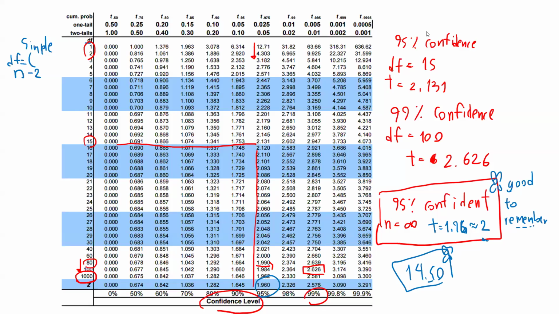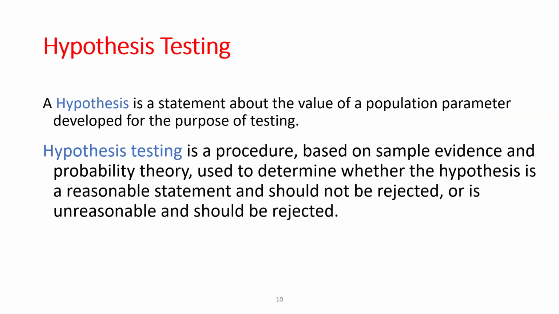Okay, so yes, we have done the first part of this chapter, confidence interval, and the second part is similar. We call it hypothesis testing. A hypothesis test is a statement about the value of a population parameter, or the true value.